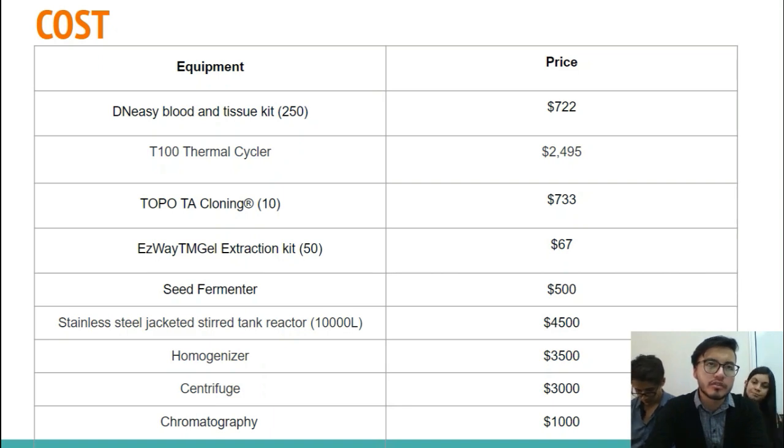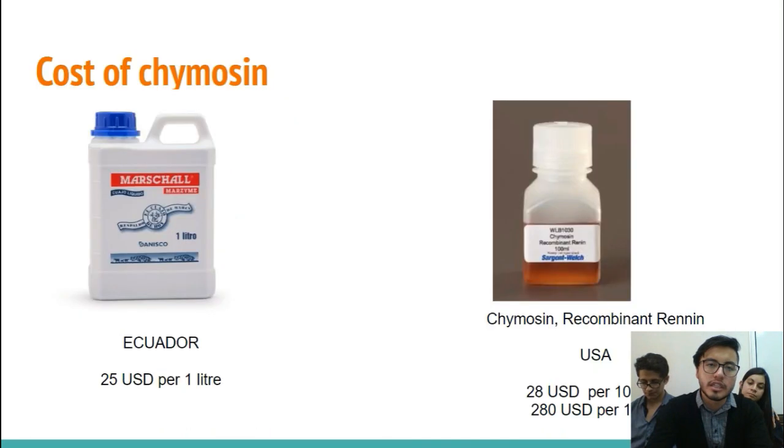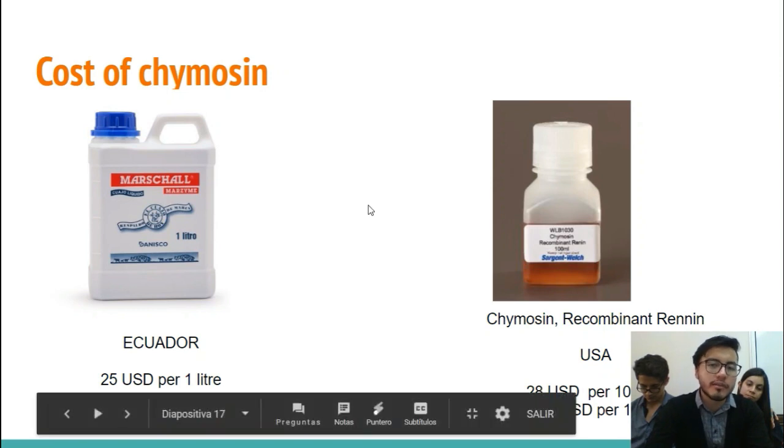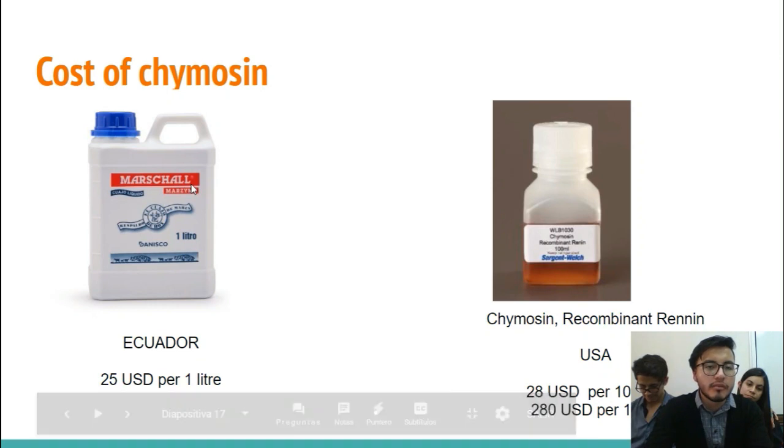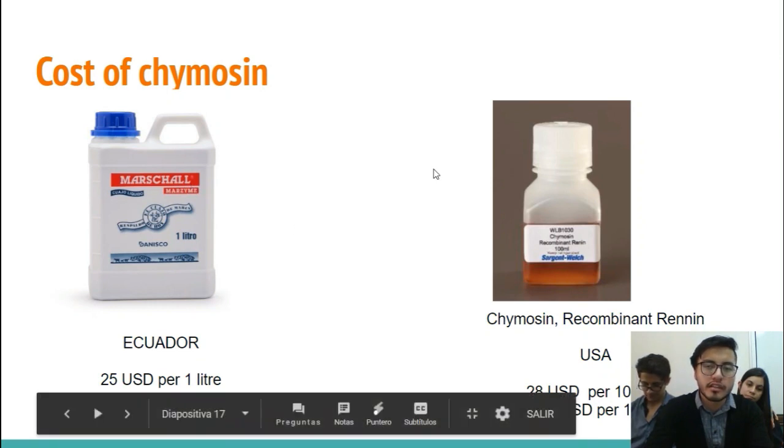So it's also notable to ask ourselves if it is viable, if we can produce a final product that is attractive for our customers. We can have a very interesting comparison between a Marshall chymosin that is from Ecuador and a chymosin recombinant renin that is from USA.